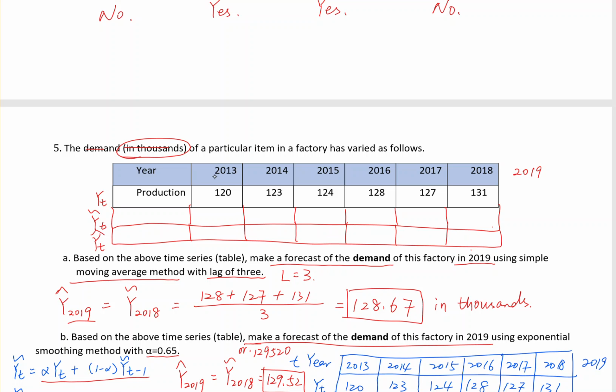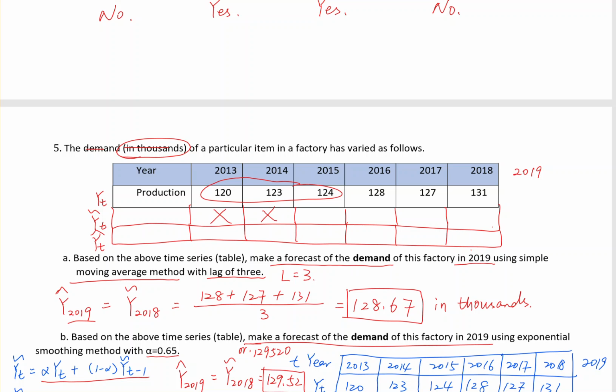Do you have the estimated value for 2013? L equals 3, right? That means the first average will be based on these 3, and then you will have the estimated value for 2015. That means for the first two, you do not have any estimated value.